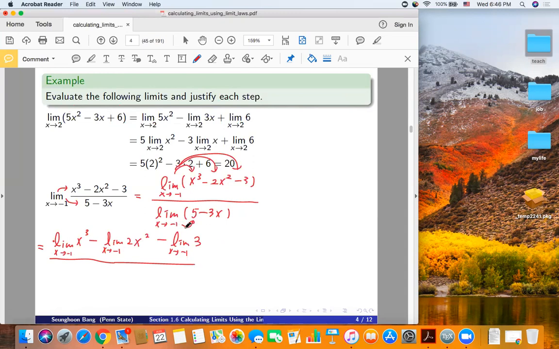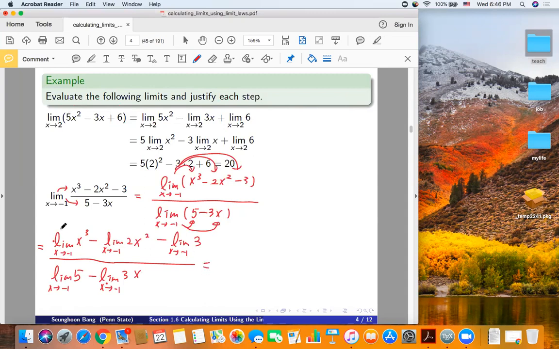Distribute the limit to the 5 and 3x. So we have the limit as x approaches minus 1 of 5, minus the limit of 3x as x approaches minus 1.